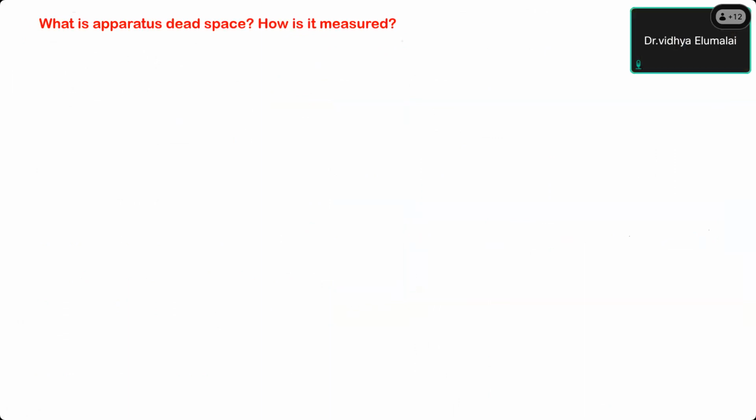Yes, sir. If you are using McGill's, ISTPs, or Bain circuit. First of all, what is apparatus dead space? What is a dead space? It does not involve gas exchange. The dead space that is created by the apparatus is called apparatus dead space.